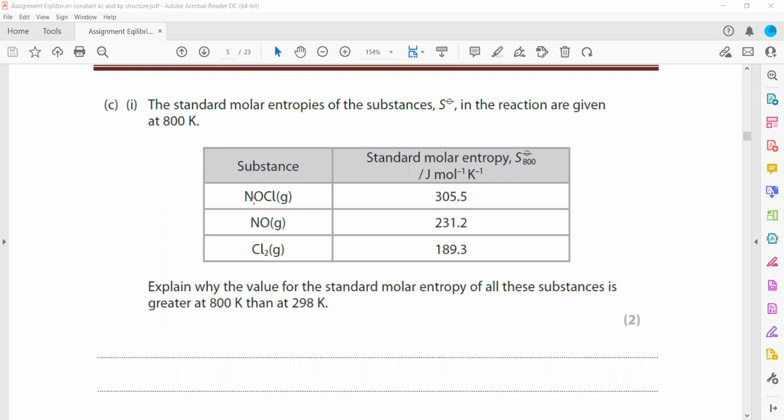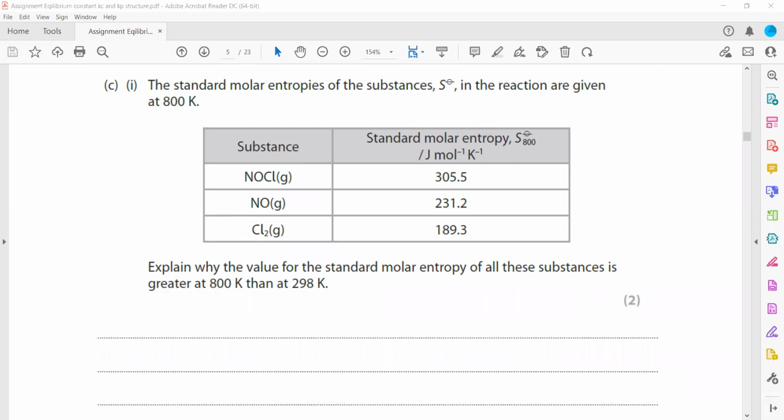And in part C1, standard entropies are given. Explain why the value of the standard molar entropy of all substances is greater at 800 than at 298. So basically, why does the entropy increase as the temperature increases?